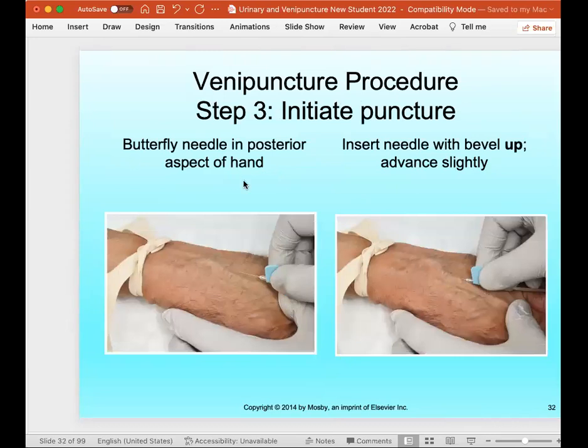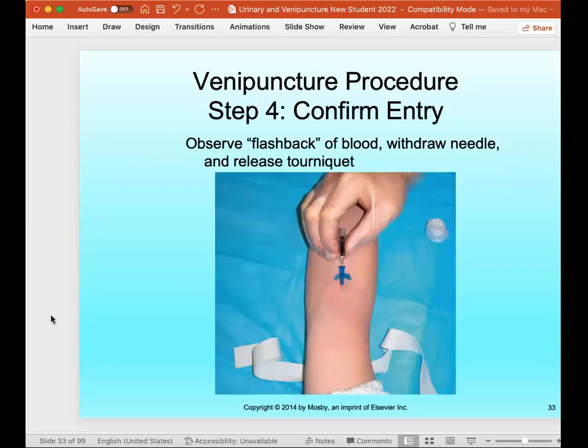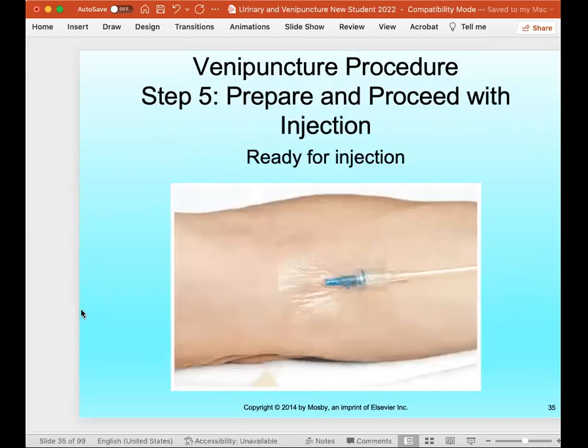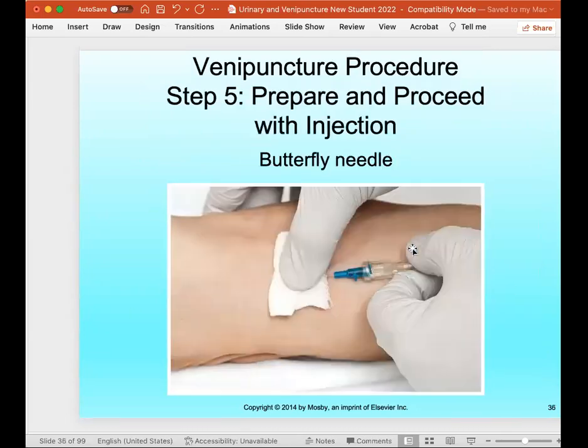This is with the butterfly needle in the posterior aspect of the hand, again bevel up, and you would advance slightly. Then confirm entry by observing flashback of blood. Then you withdraw the needle and release the tourniquet. Tape the catheter in place and secure the needle. Now we're ready for the injection.